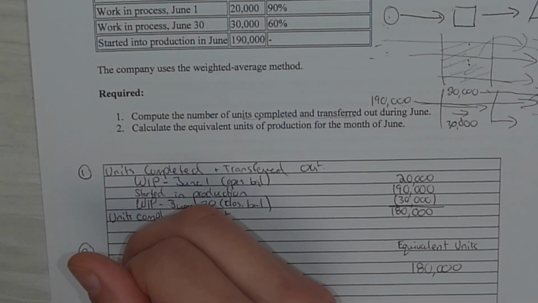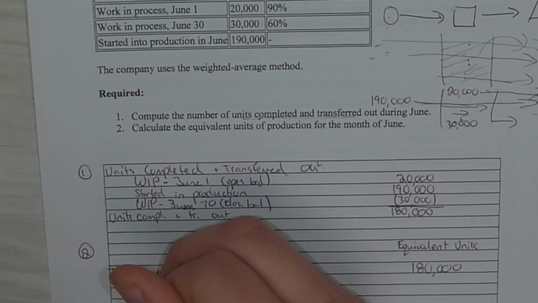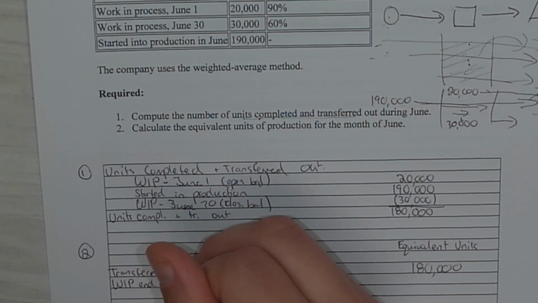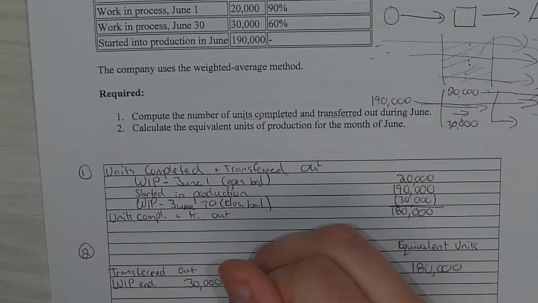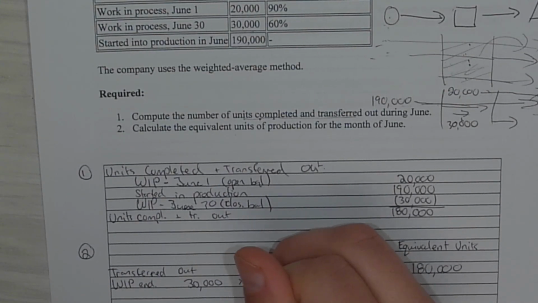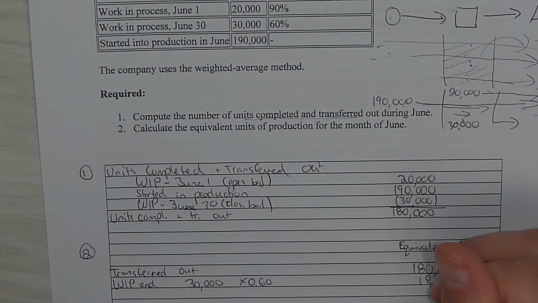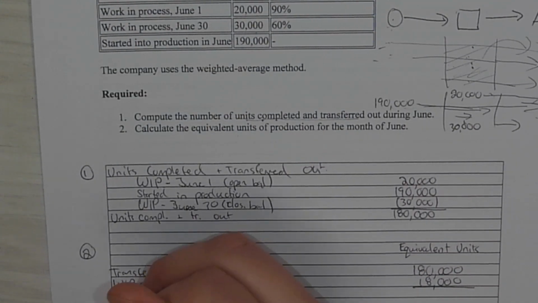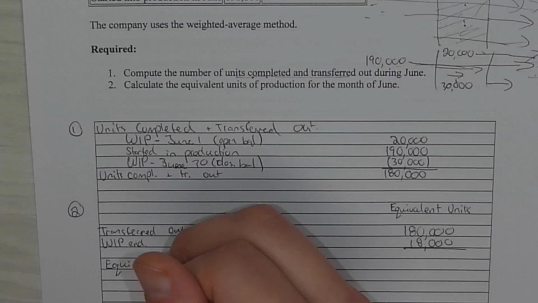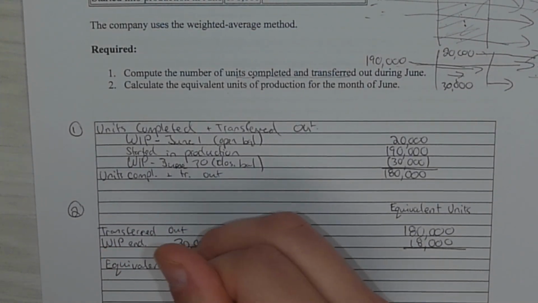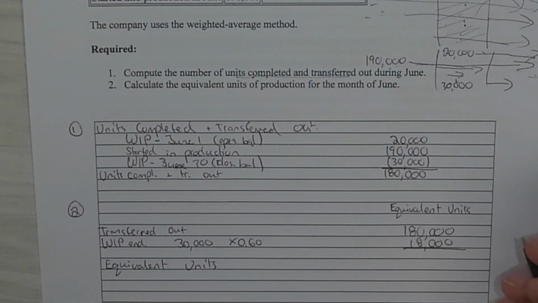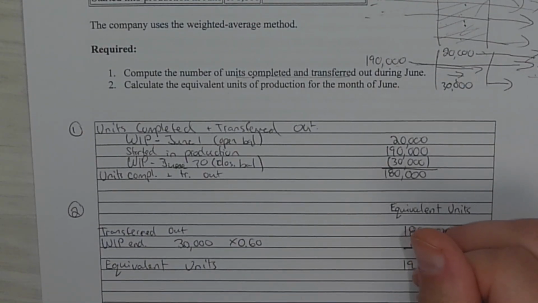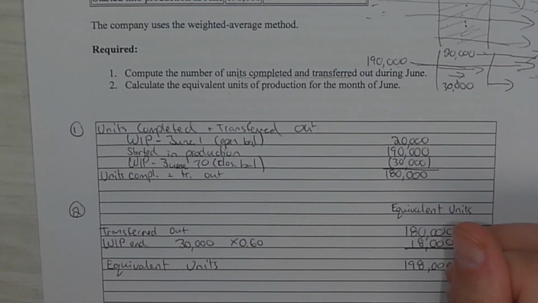So we have our WIP end balance, which is going to be 30,000. It is at that time 60% complete, so we can add 18,000 here. So our equivalent units will be 198,000.